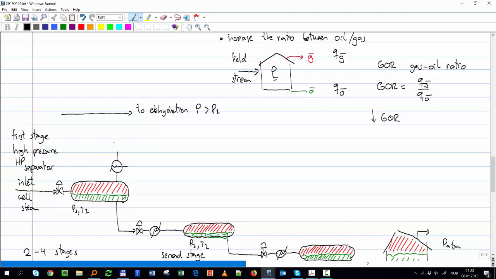Just to be sure that at the inlet of the compressor, I have no liquids. So here we'll have a high amount of liquids. Then I come to a small cylinder. It's like a small separator, but because it's for a high amount of gas and low amount of liquid, I call that a scrubber.